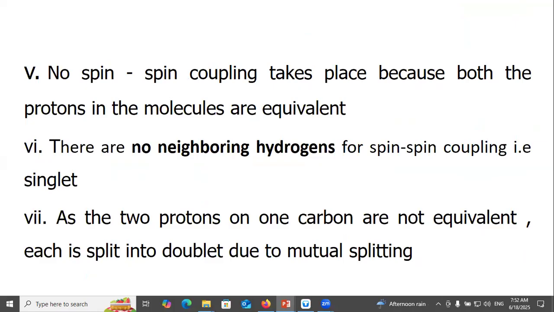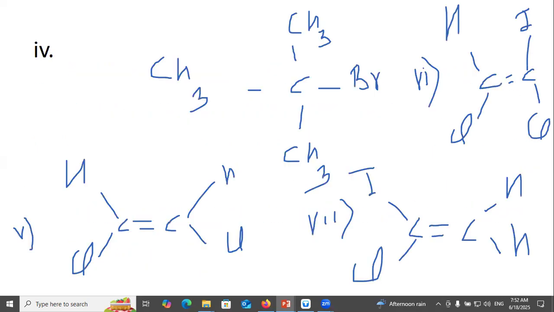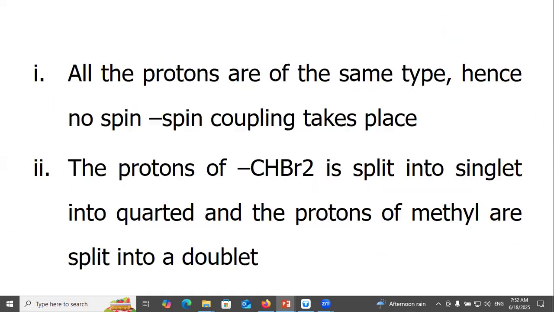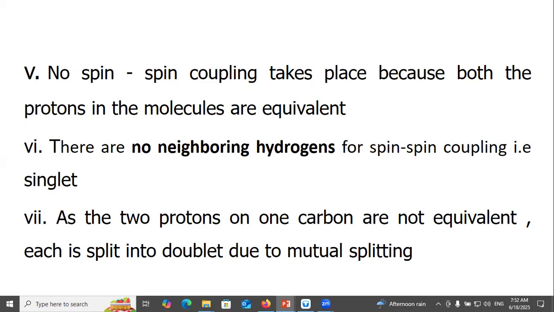The two protons on the one carbon are not equivalent and are split into doublets due to mutual splitting. In case of chloroiodoethane, the two protons on one carbon are not equivalent.